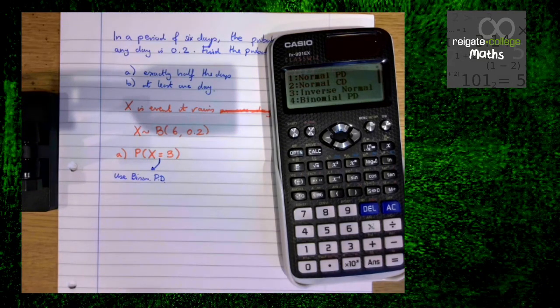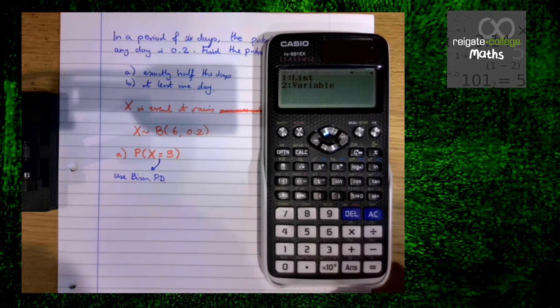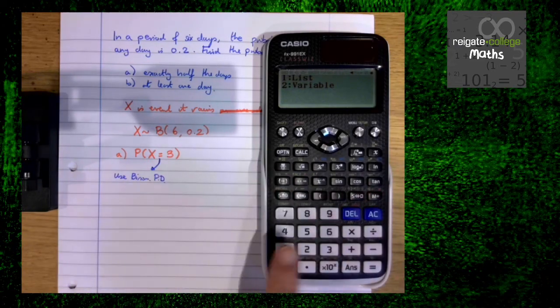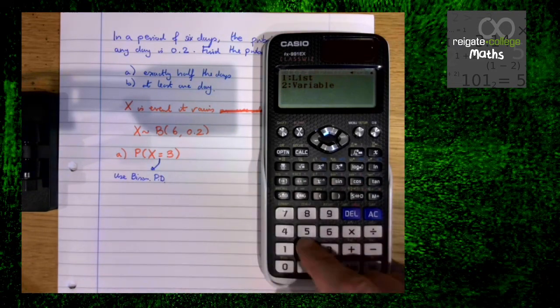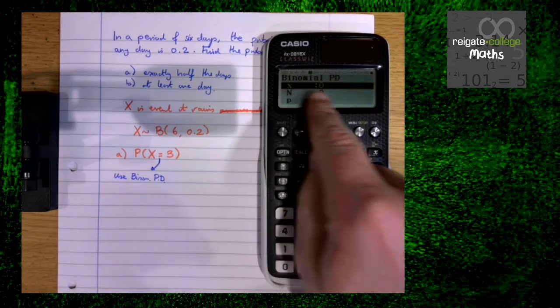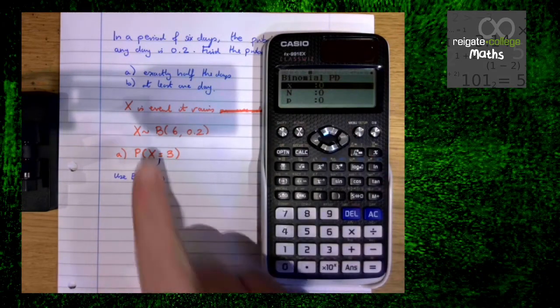Okay, we'll look at what happens with the other ones in another video. So we choose binomial PD. We choose variable. If we choose list, what you'll do is you'll type in a bunch of x values and get the probability for each. We're only interested in this one. So here, x is the number of successes.